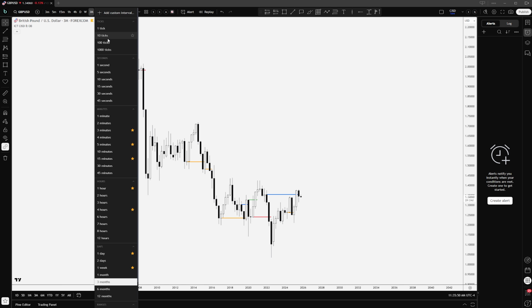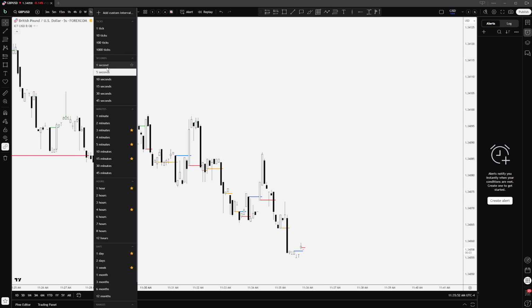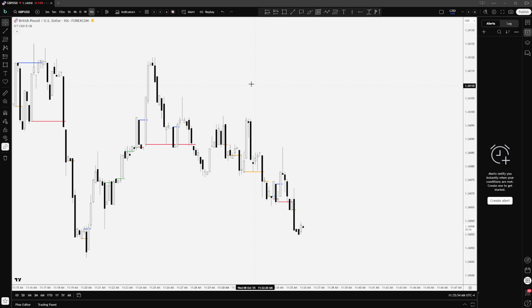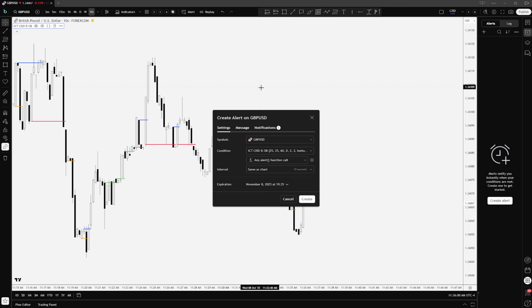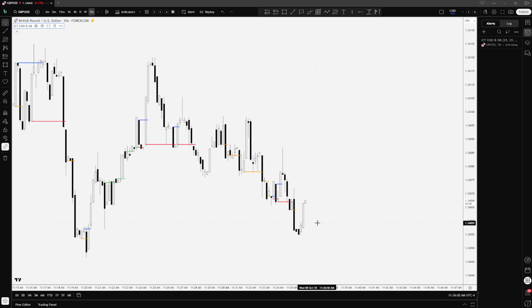Yeah. So just for the sake of showing the alerts, once you're not in the replay mode, just jump into here, set this alert, and whenever you have any bullish or bearish closures, whether it is a order block or change in state of delivery, it will notify you.